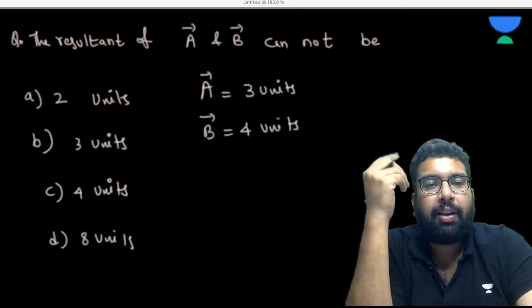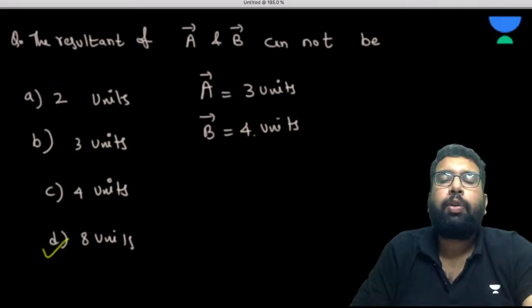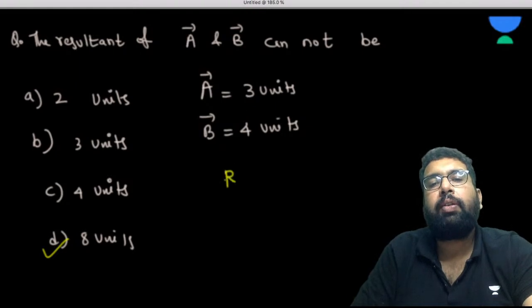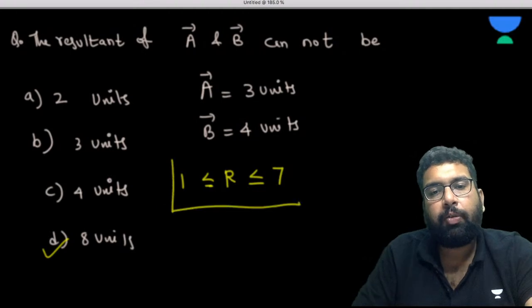So, sir, you would say, obvious answer is D. Why? Because when two vectors are 3 and 4, now you have to take the difference of it. Don't do A minus B, because if you do A minus B, you will write minus 1, which has no meaning. This is 1, 4 minus 3, and it has to be less than 7. So the resultant has to be 1 to 7.